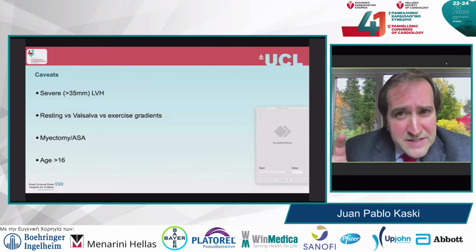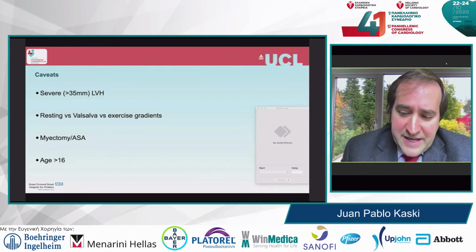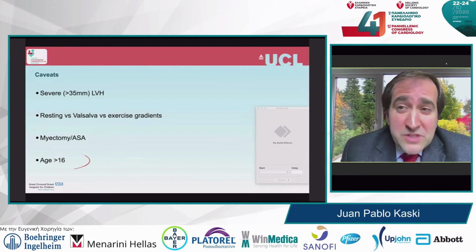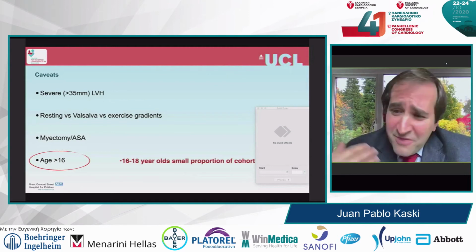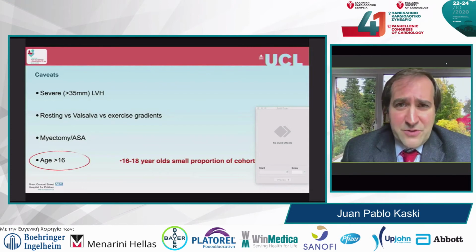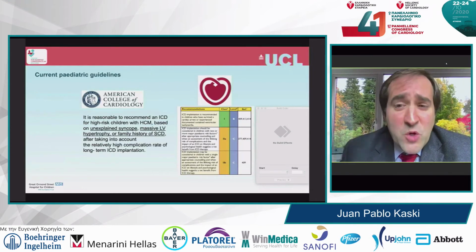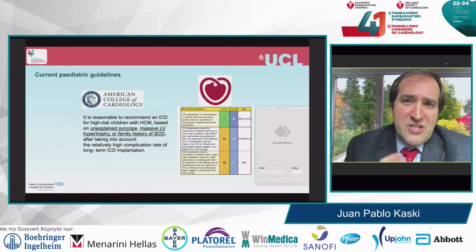Now, these models, which are incorporated in European Society of Cardiology guidelines, have a number of caveats, most importantly of which is that it has not been validated in under 16s. And in fact, there are very limited data in under 18s in these cohorts. We can't really use it in children and teenagers. So at the moment, the guidelines from the international societies are really based on very old data extrapolated from adults.